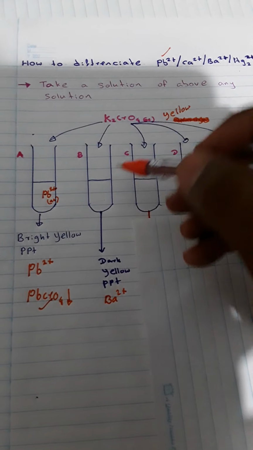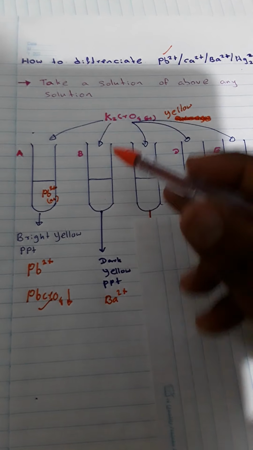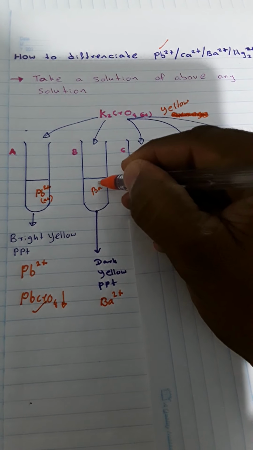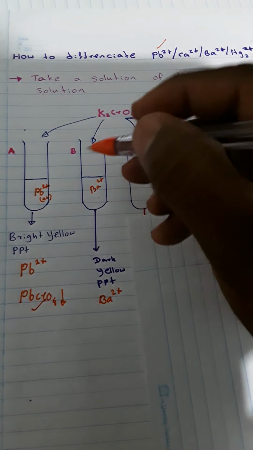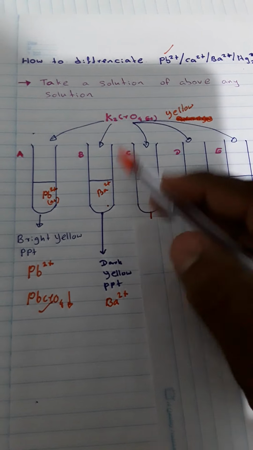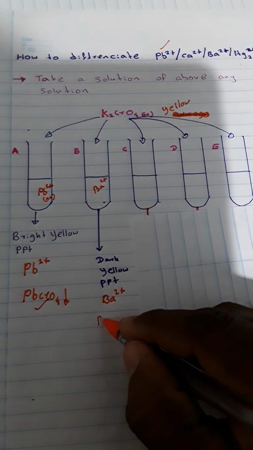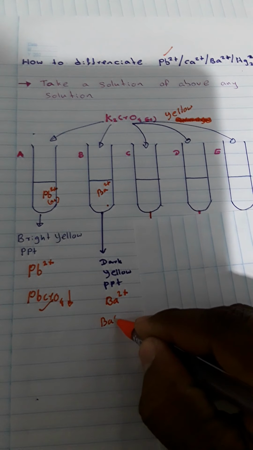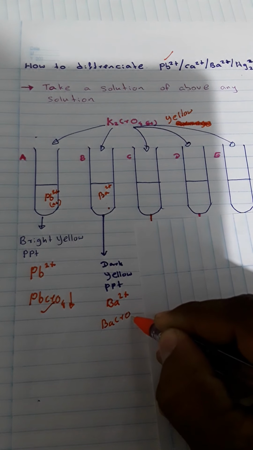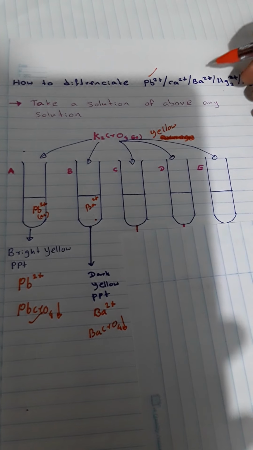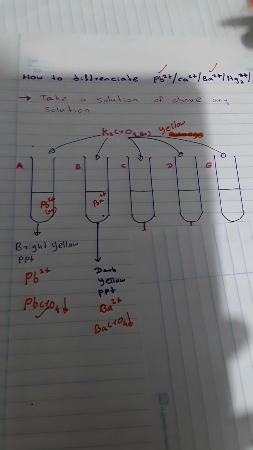So if this one gives a dark yellow precipitate, it should contain Ba2+ ion. Ba2+ is there in the solution, combines with chromate, and makes BaCrO4. That is the precipitate. So we identify another one, Ba2+.